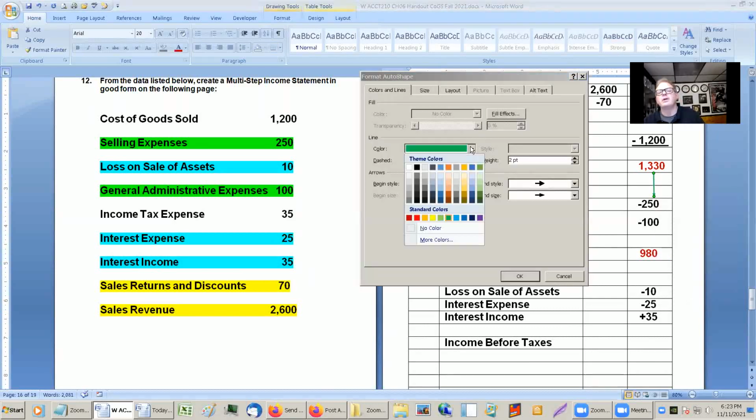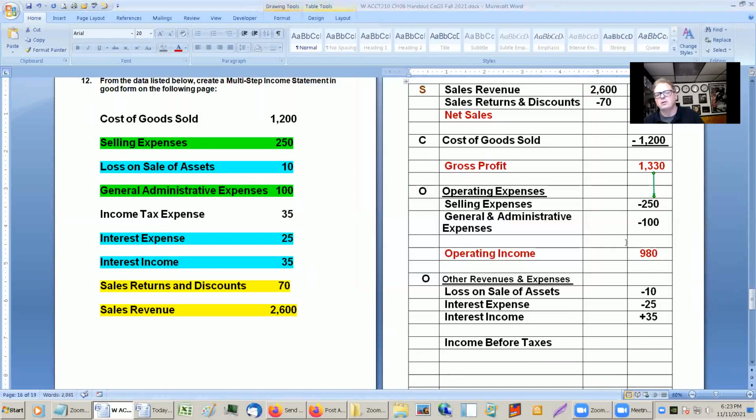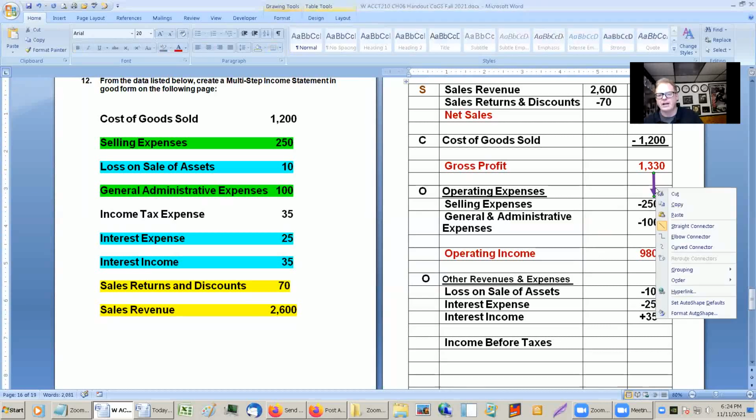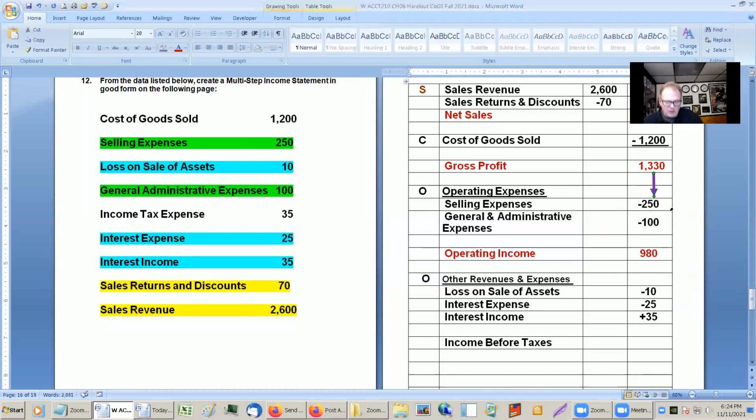Format, better. Yeah, purple. Here we go. That I can see. Okay, copy. 980 minus 10.